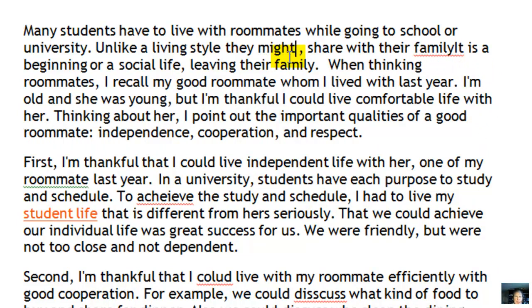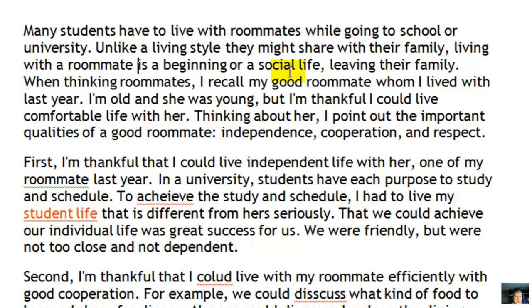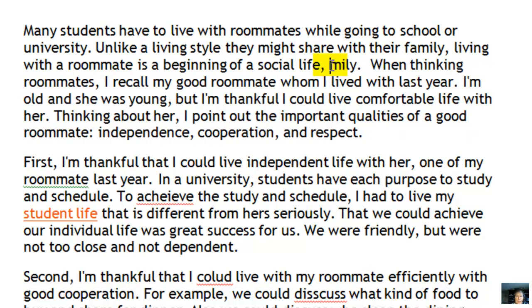So unlike a living style they might share with their family, then you might say living with a roommate is the beginning of a social life. So something like that.